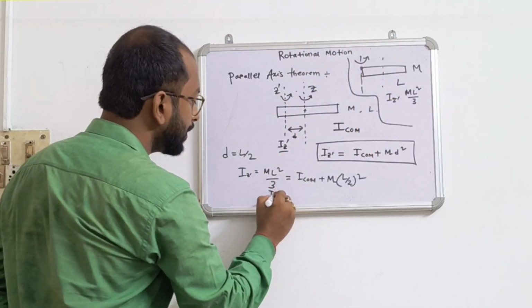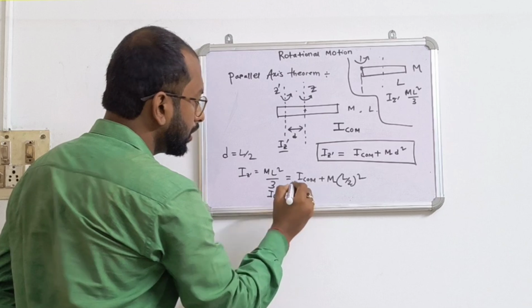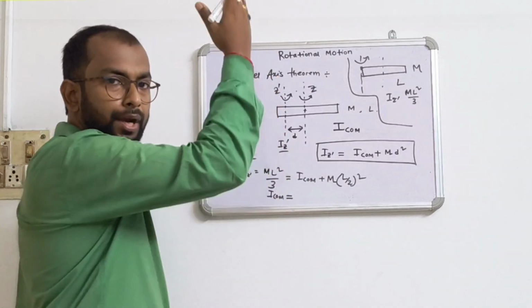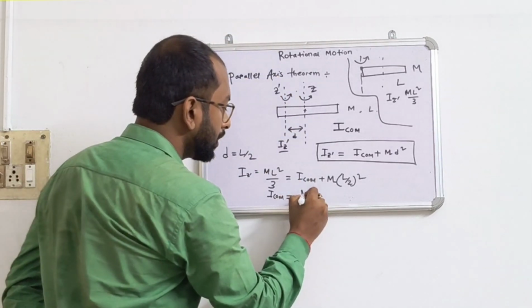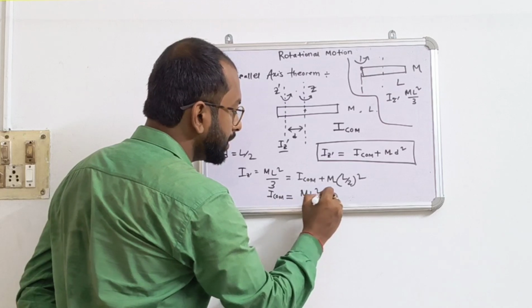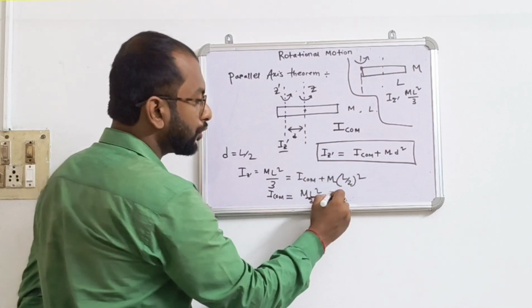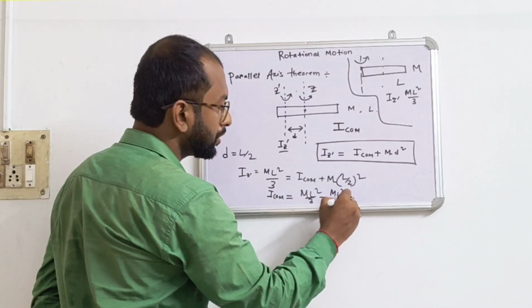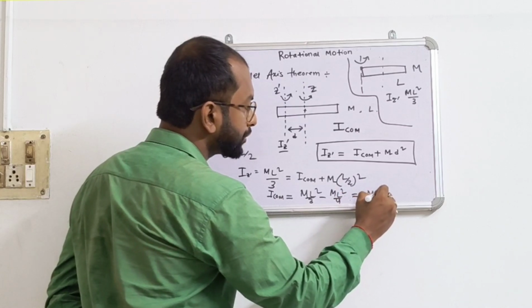Now what is ICOM, or the moment of inertia of the rod with respect to the middle point? m L square by 3 minus m L square by 4. So it becomes m L square by 12.